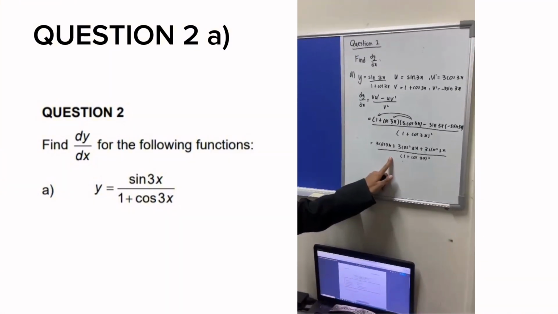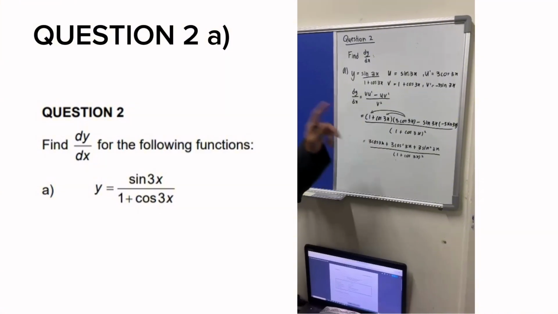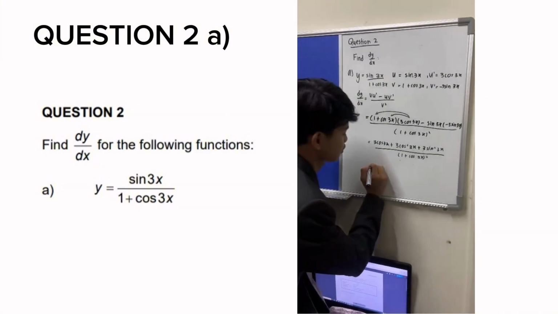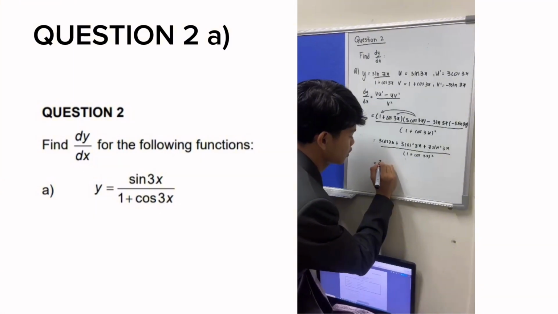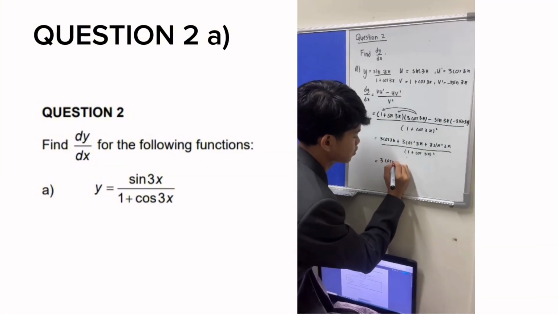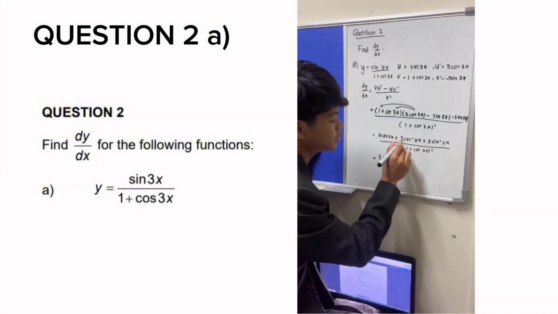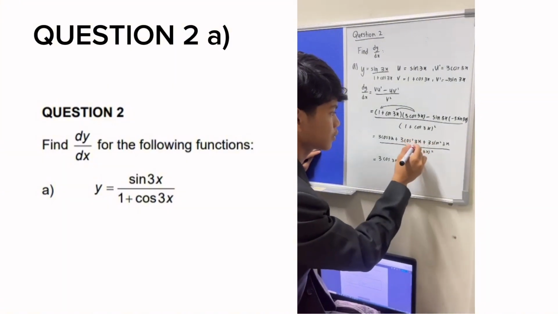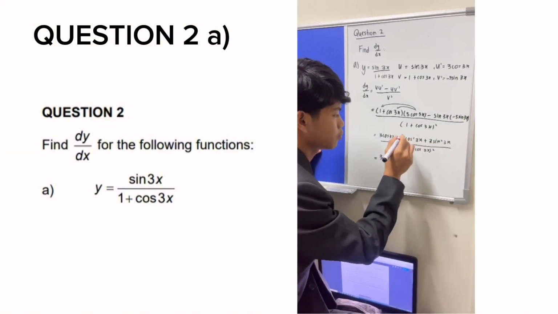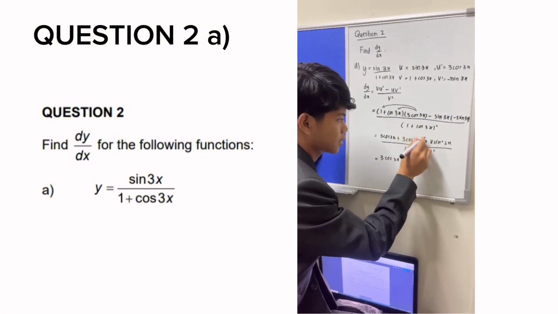Once you get into this form, you need to simplify. So write 3 cos 3x again, plus, and you can factorize the rest because they are both multiplied by 3.